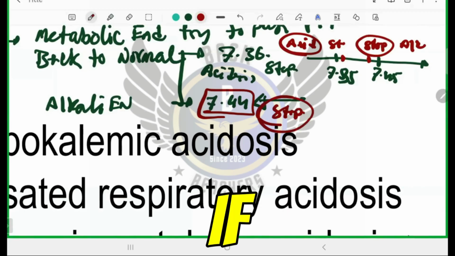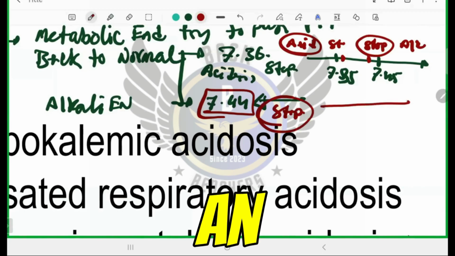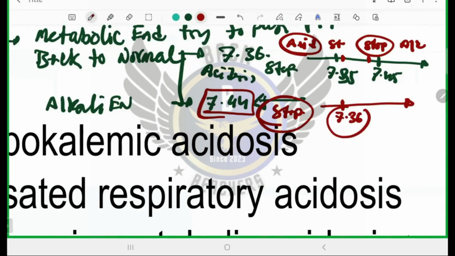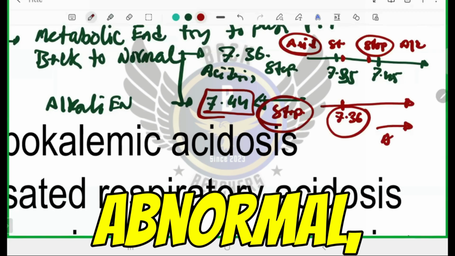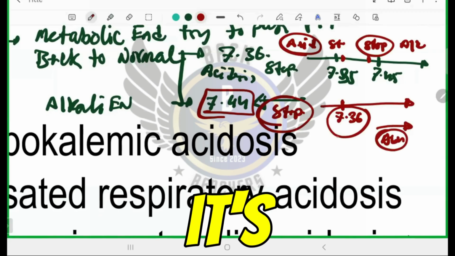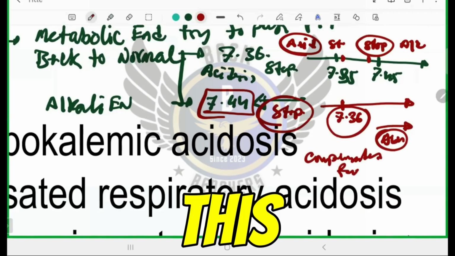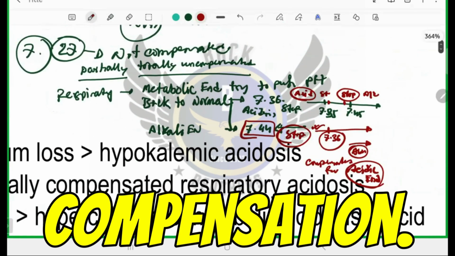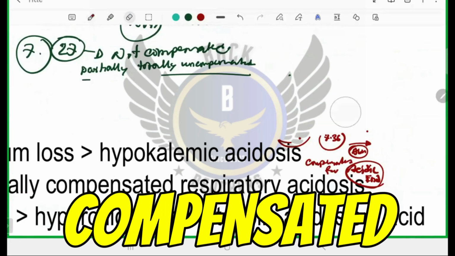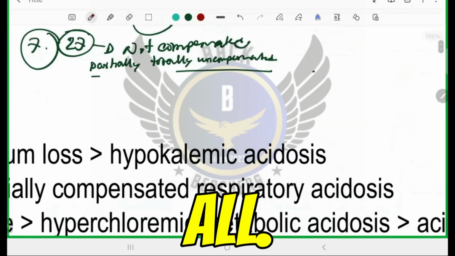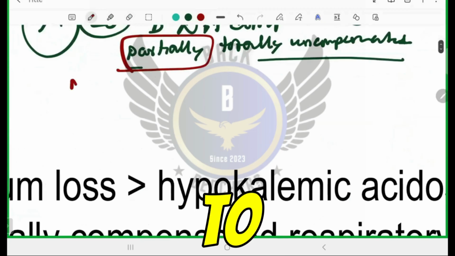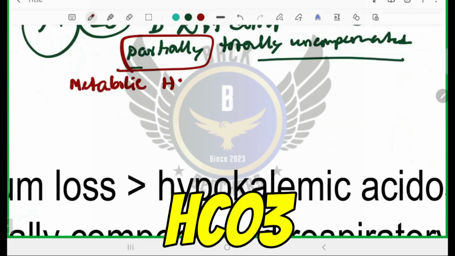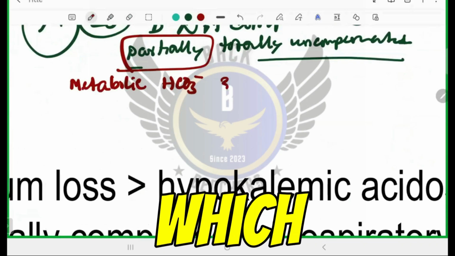That means if you see an ABG picture and the pH is 7.36 and the other parameters are abnormal, just know that it's compensated from this end, the acidic end. Anyway, let's go to our compensation: either partially compensated or not compensated at all. For this, we go to the metabolic marker. Our metabolic marker here is HCO3 minus, which is 30.